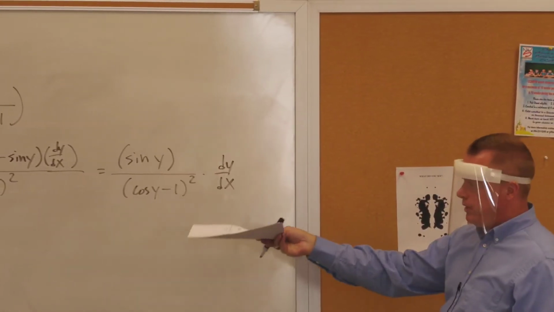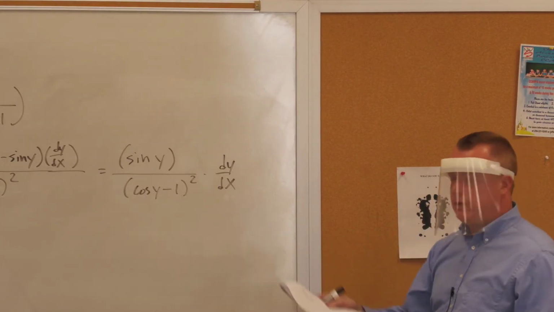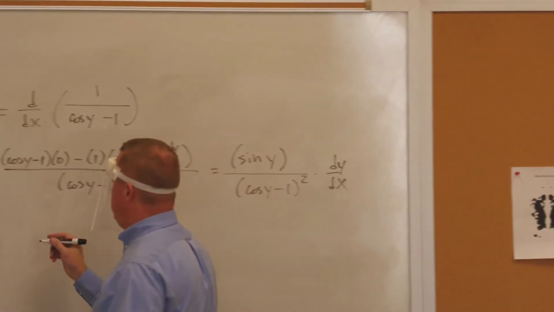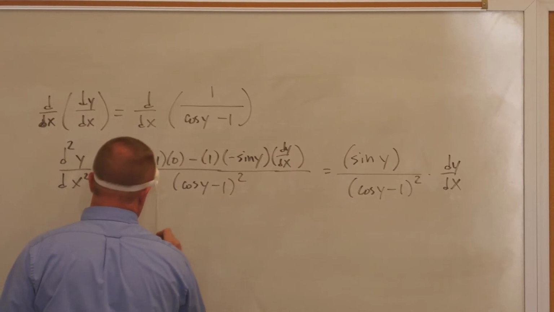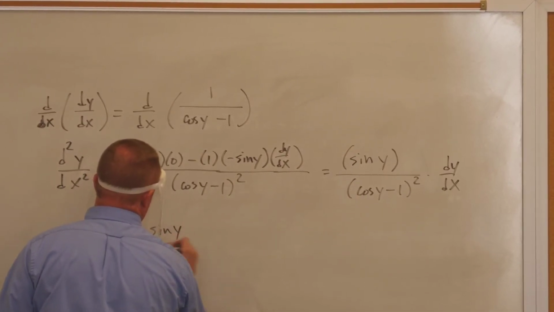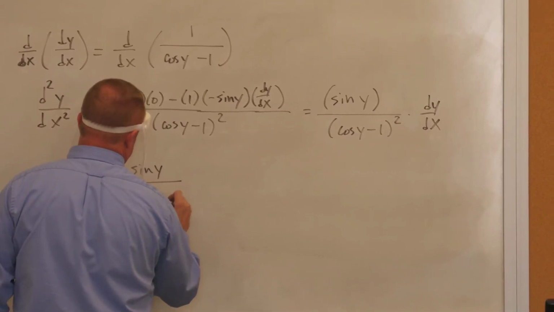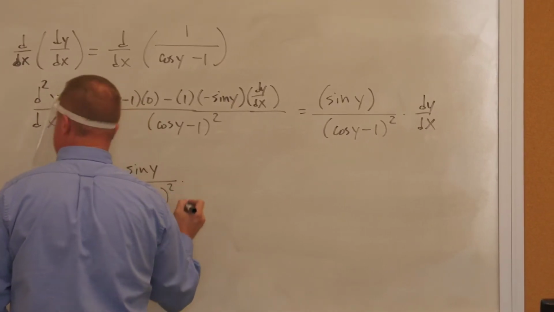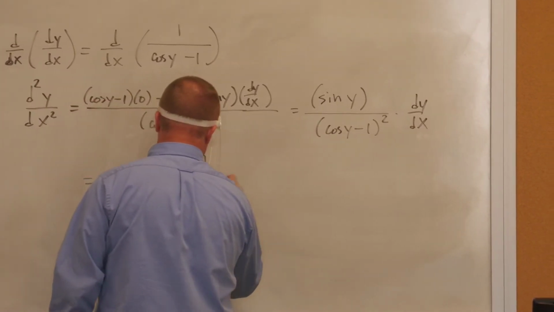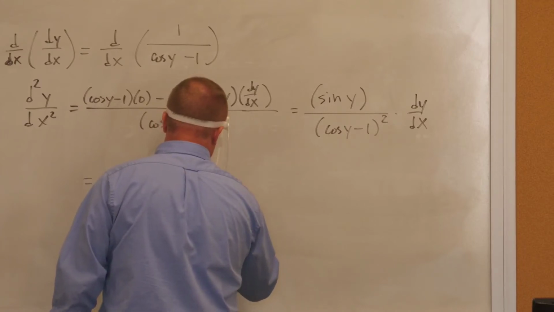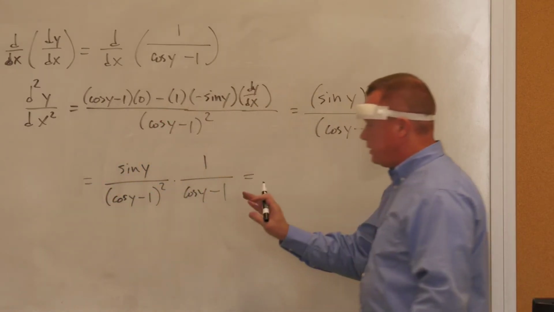Just take that and replace it with whatever the first derivative is. So here I would say sine y over cosine y minus 1 squared times 1 over cosine y minus 1.